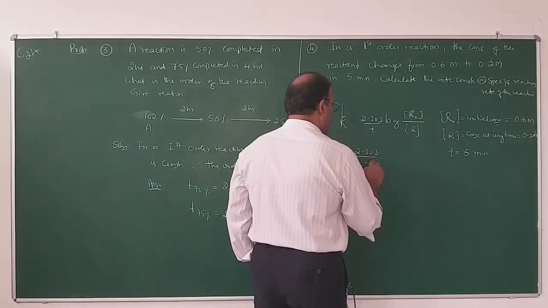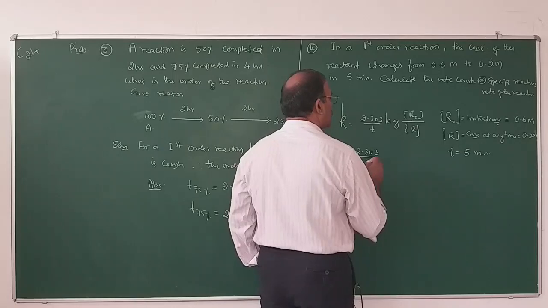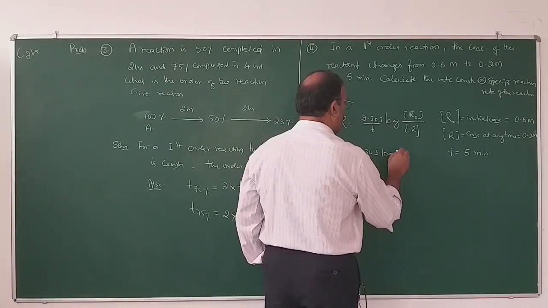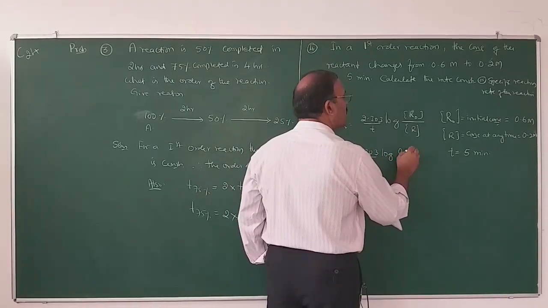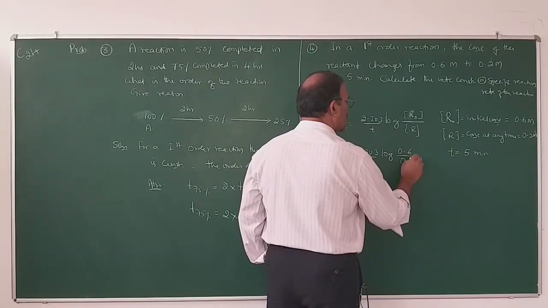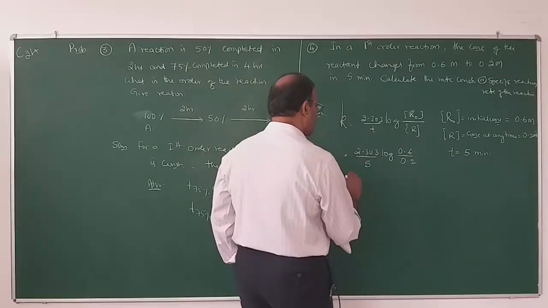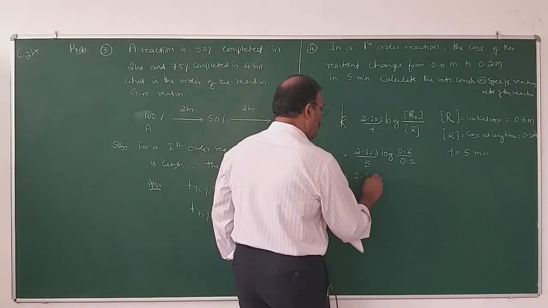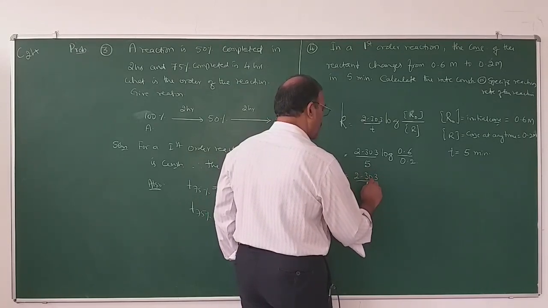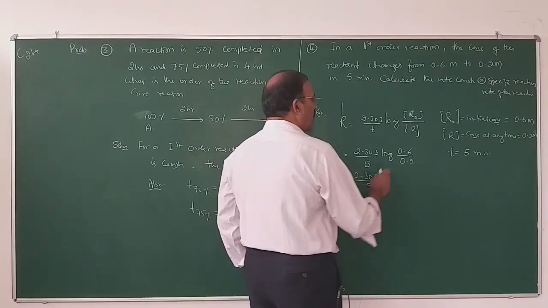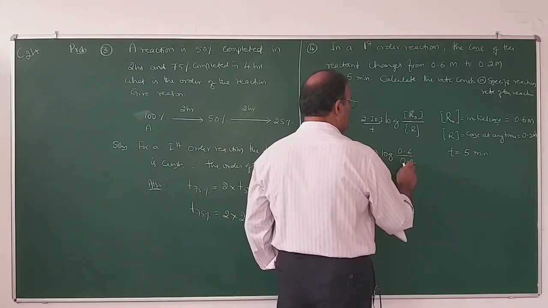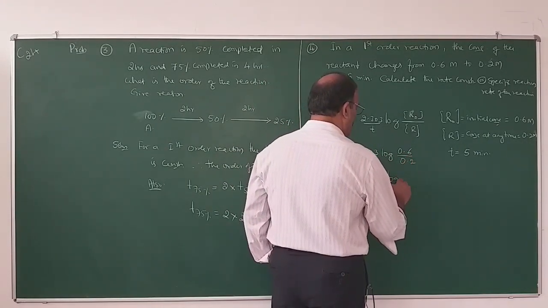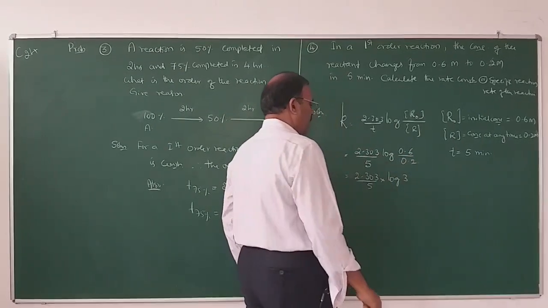2.303 divided by 5, t is 5 minutes, into log of 0.6 divided by 0.2, that equals 2.303 divided by 5 into log of 3.